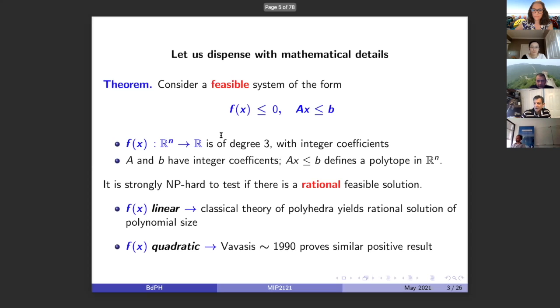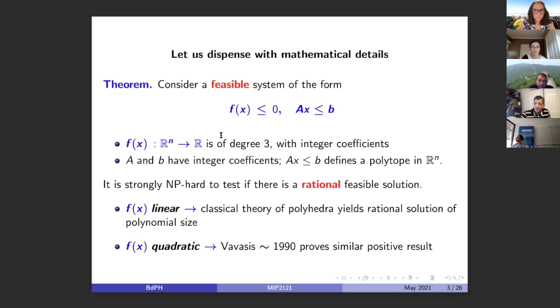In contrast, in the linear case, which we are all very familiar with, the classical theory of polyhedra yields that there is a rational solution of polynomial size, meaning the number of bits needed to describe the vector, in the classical Turing model.